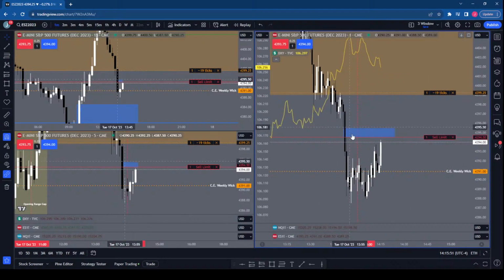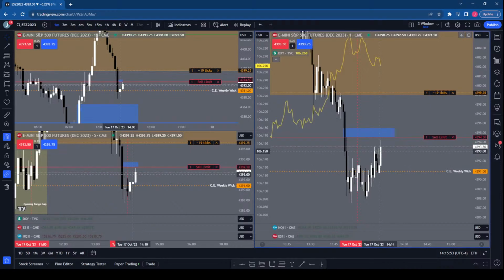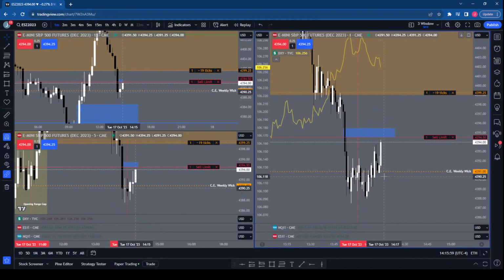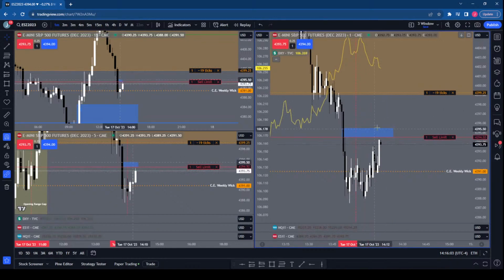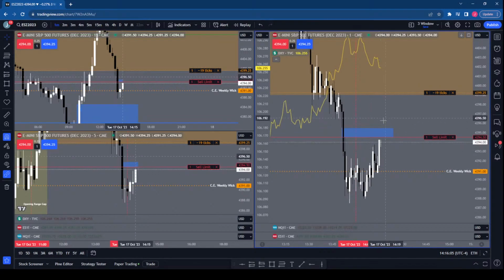Okay, so it's kind of what I was expecting. What I'm hoping for. I want to see it come tap into that and then reject it. I don't want to see us close above it.